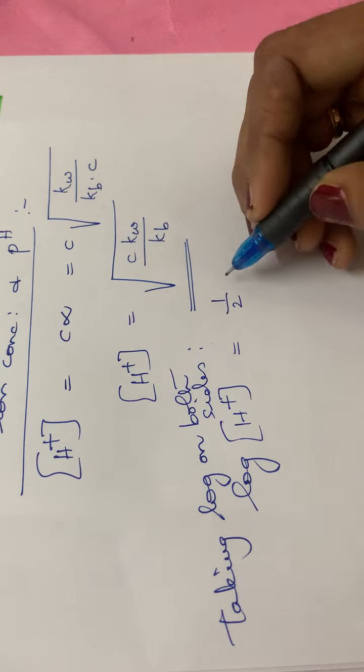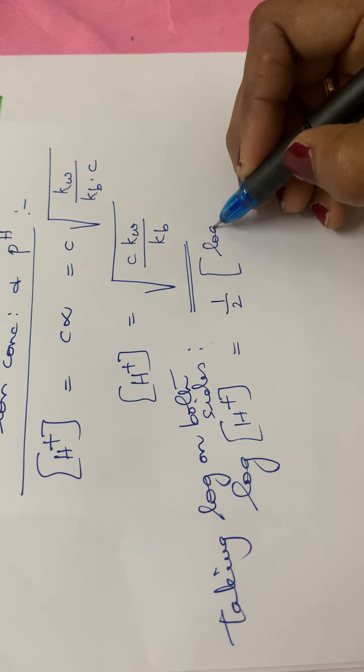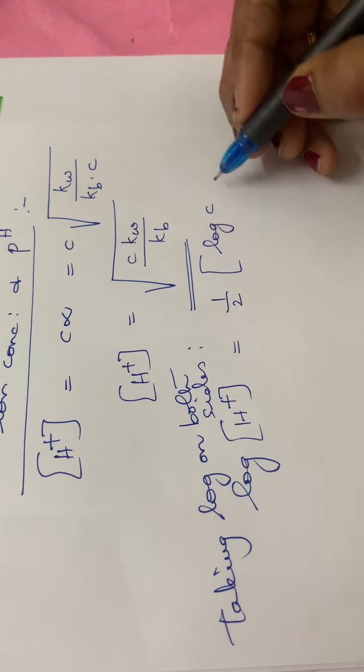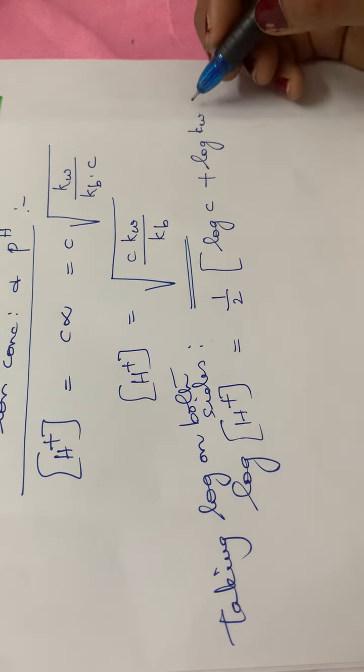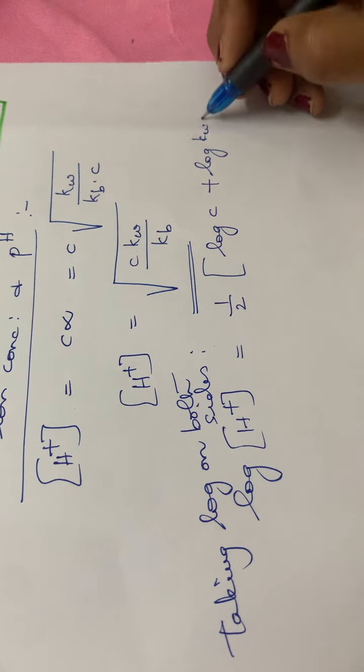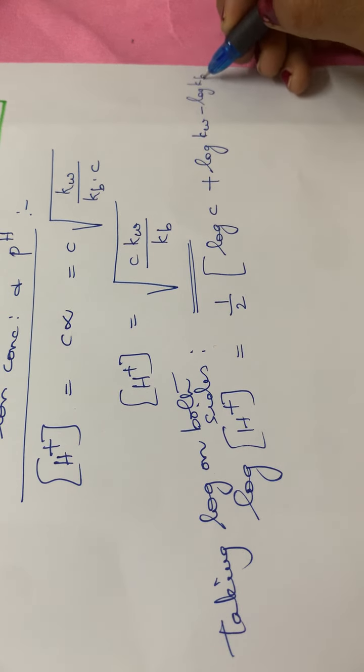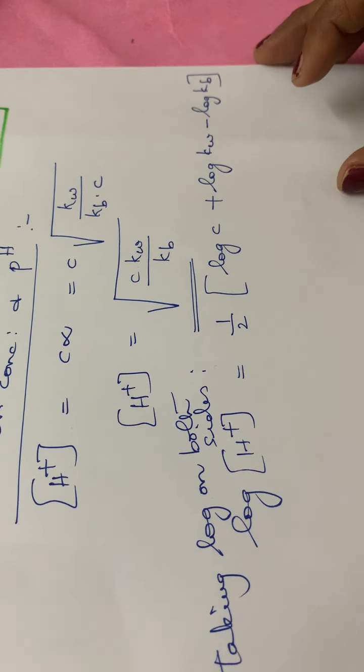Half into log C plus log Kw. We are taking logarithms for all the terms. Then divided by Kb means minus log Kb.